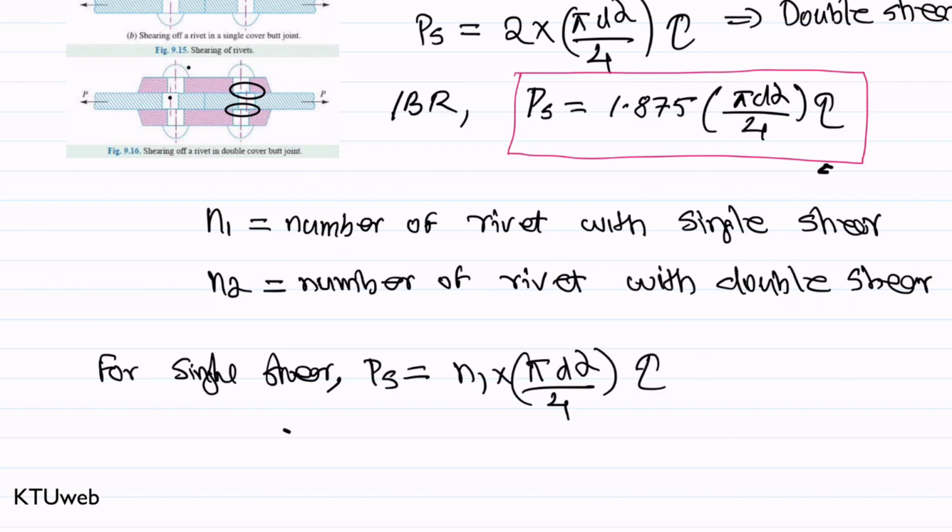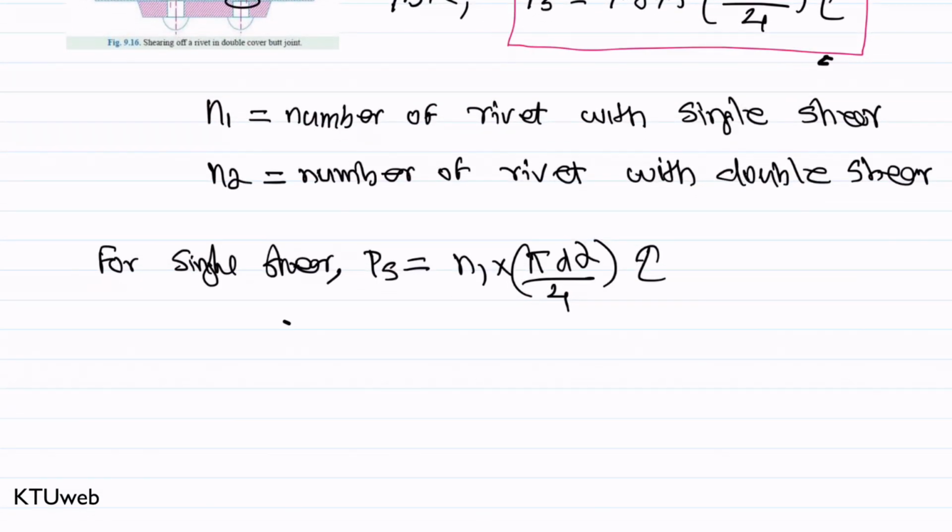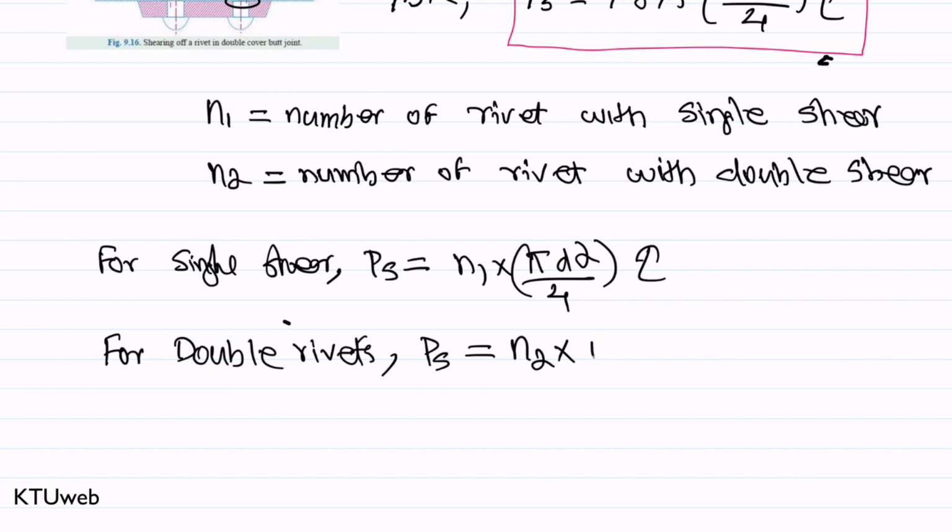There is N1 number of rivets, so N1 into the capacity for a single rivet. And for double shear, PS is equal to N2 into, we'll be using the standard equation, that is 1.875 into pi d square by 4 into tau. So this will be the strength of single shear, and this will be the strength of double shear.